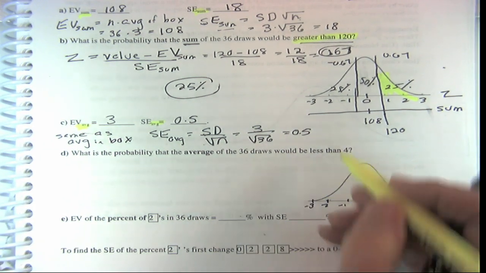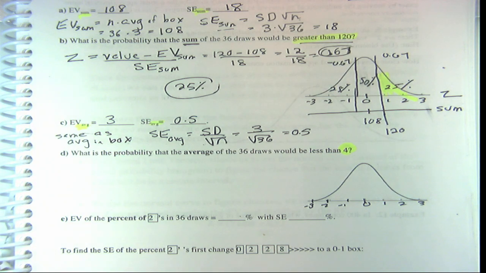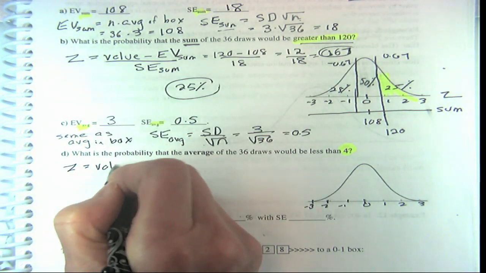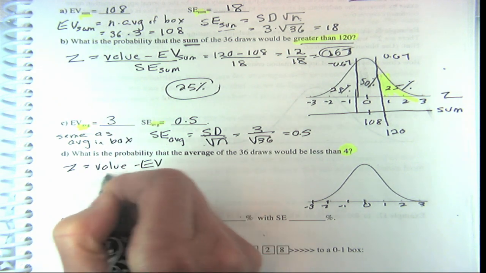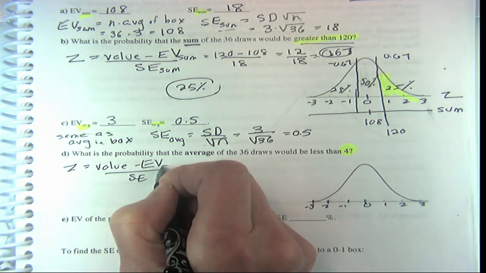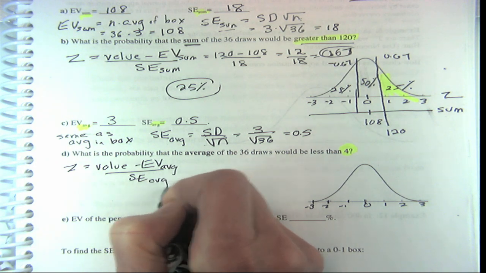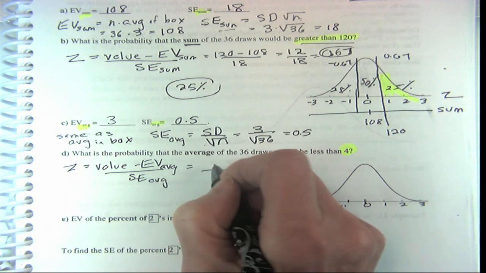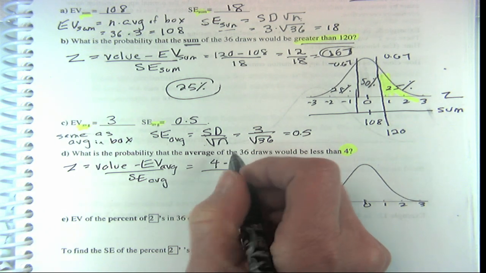But now our value is 4, and we're talking about averages. So we're using the same thing, value minus expected value over standard error. That's what we're always using, but this time it's for the average. So now we can see our value is 4. We'd expect what? 3.